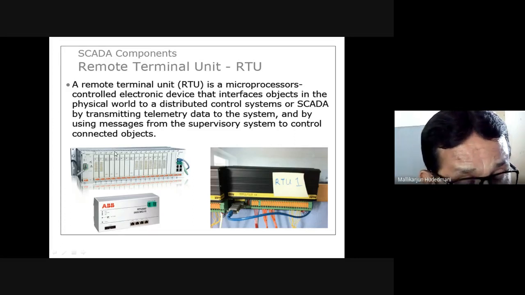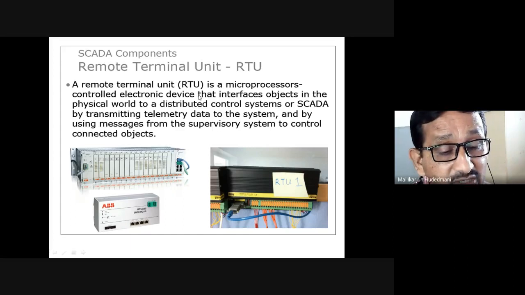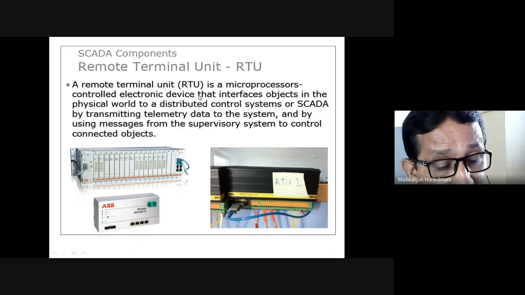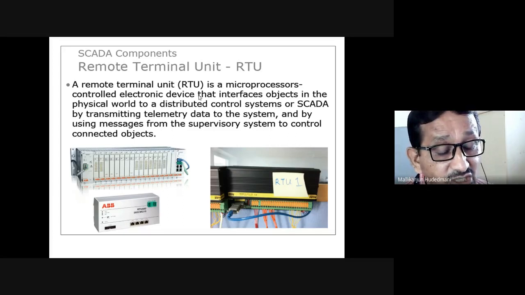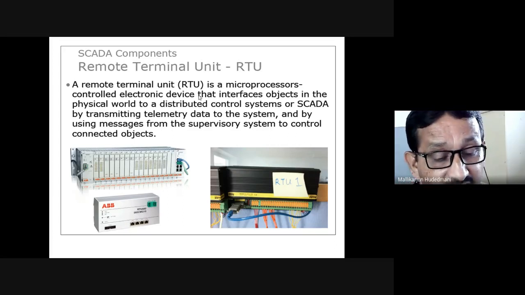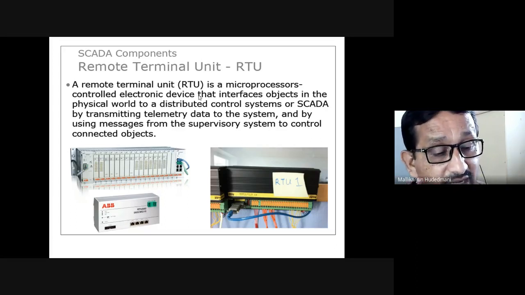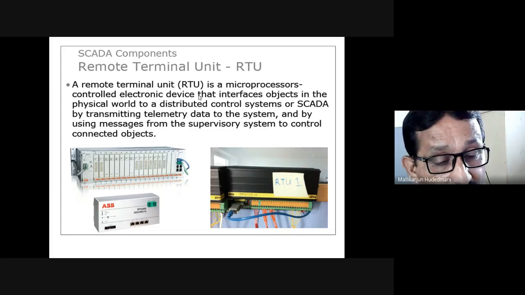That is compiled and communicated to the master terminal unit in the energy control center. It is just like a communication bridge from the generating area to the decision-taking area at the energy control center. So we call it RTU, remote terminal unit.